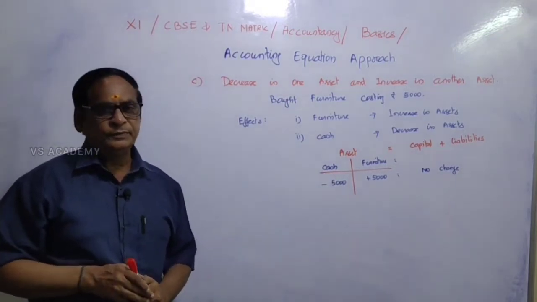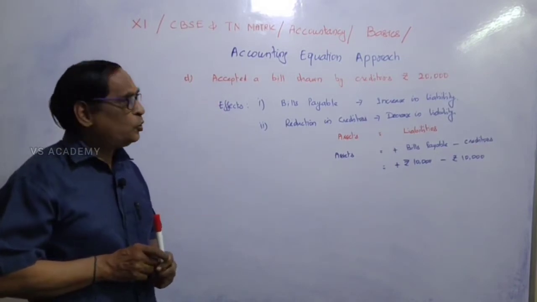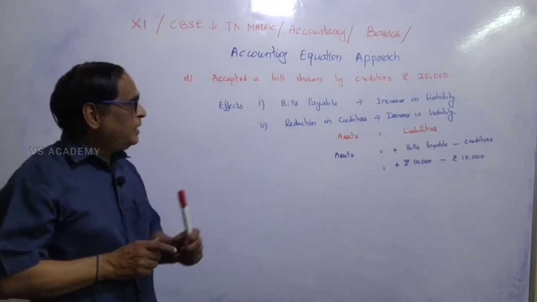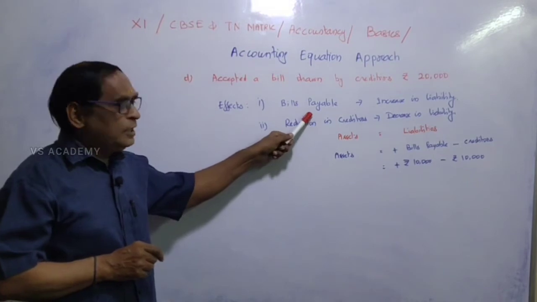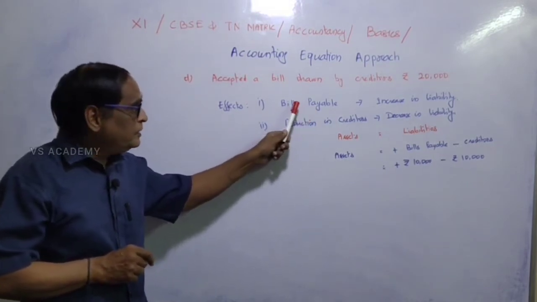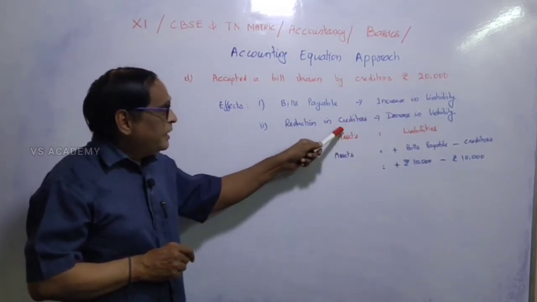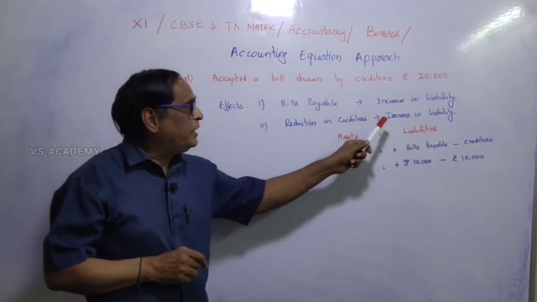Understand? In this case, accepted a bill drawn by the creditors, rupees 10,000. What will be the effect? Bills payable is a liability. Creditors is also a liability. Bills payable means a bill that you have to pay in a future period. That is an increase in liability. Whereas creditors are reduced. For example, if you pay the creditors, the creditor amount will be reduced. So that is a decrease in liability.